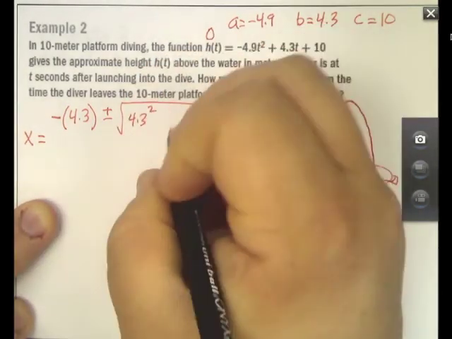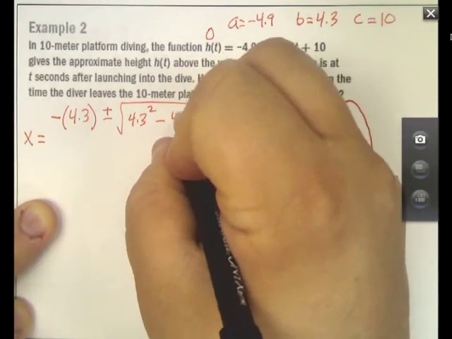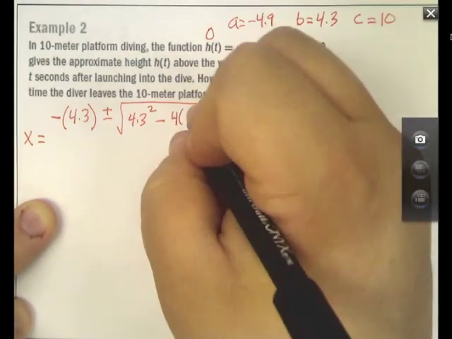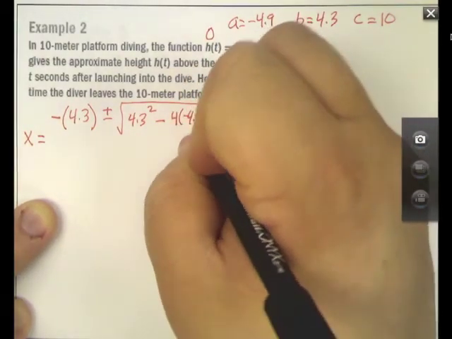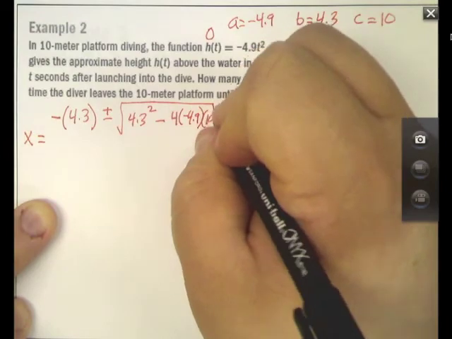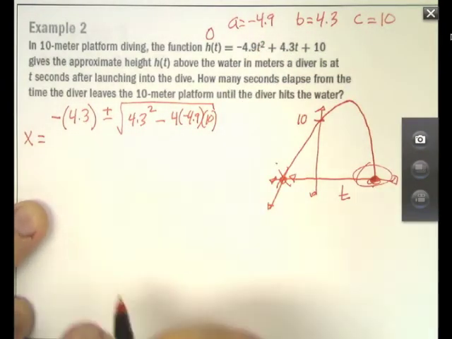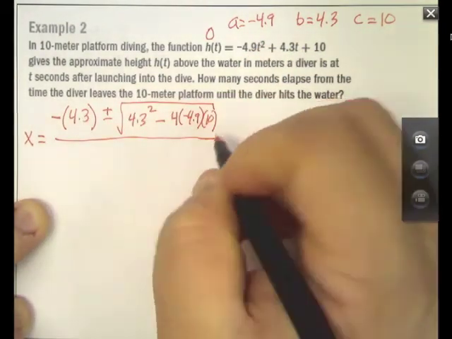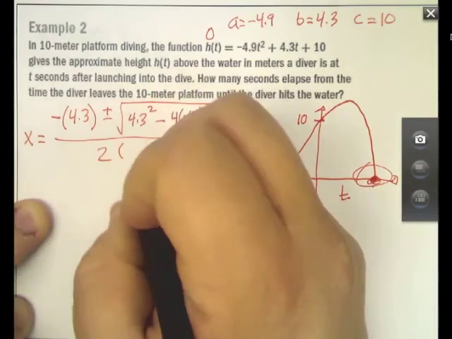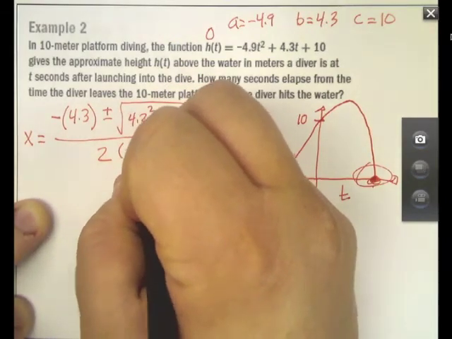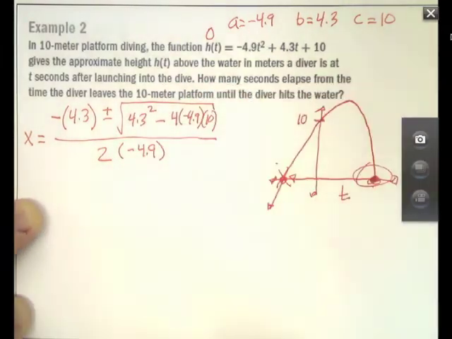Plus or minus the square root of B squared, 4.3 squared, minus 4 times A, which is negative 4.9, times C, which is 10, divided by 2 times A, which is negative 4.9.